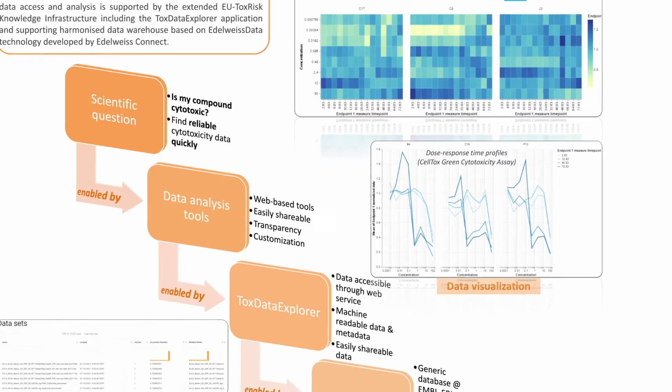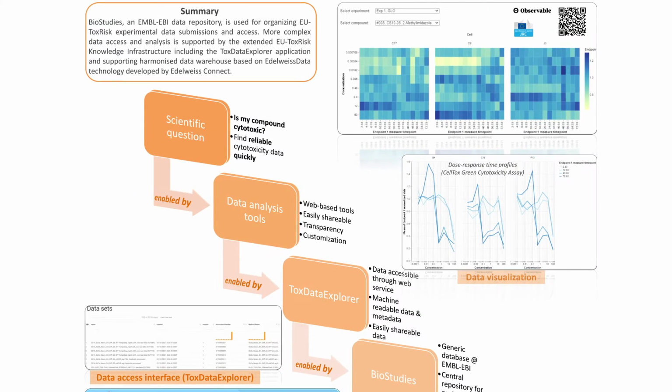Now, to have such web-based tools enabled, you need to have a good database behind. And this database has at least two requirements that are fulfilled by our ToxDataExplorer. So it's a cloud-based database that was set up for this project, and it basically provides data as a web service.